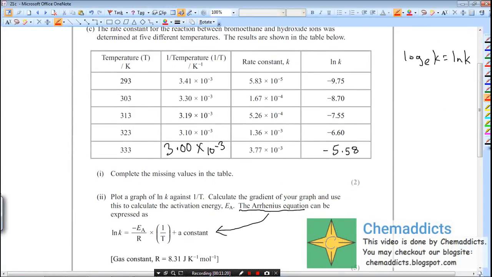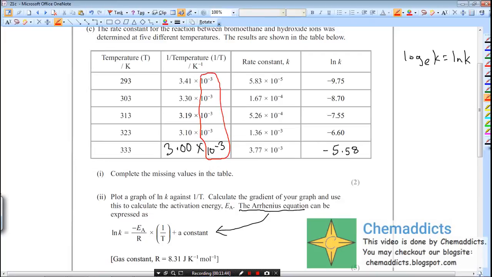We can see that the 10 to the power minus 3 is constant for everything, so we can ignore it in total.